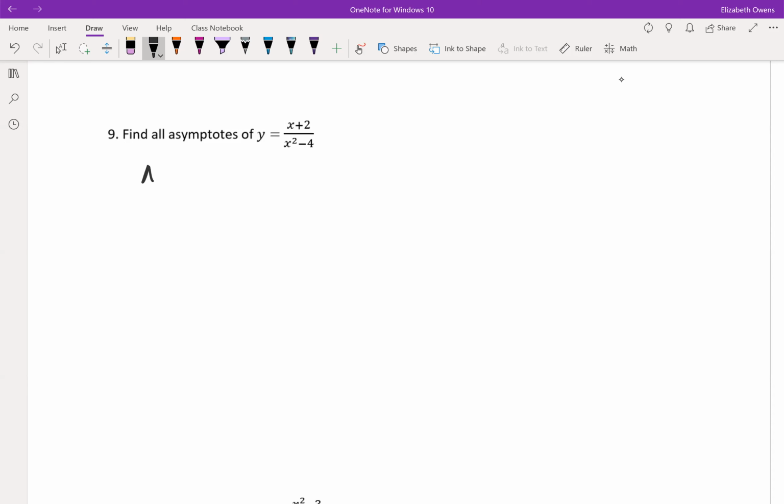So we'll start with vertical asymptotes. Those are often the quickest for us to find because we've seen them for the longest usually. These get introduced back in algebra, and so we're usually fairly familiar with this process.